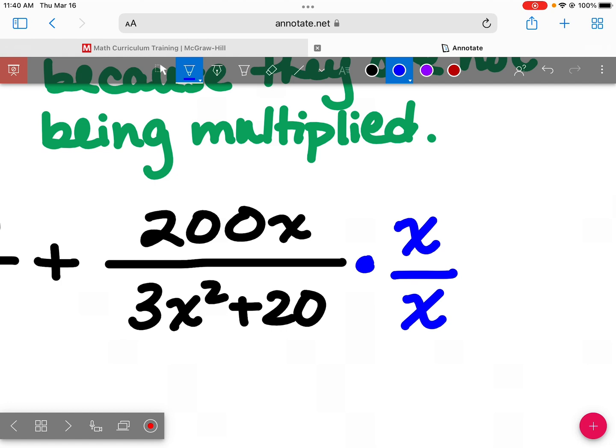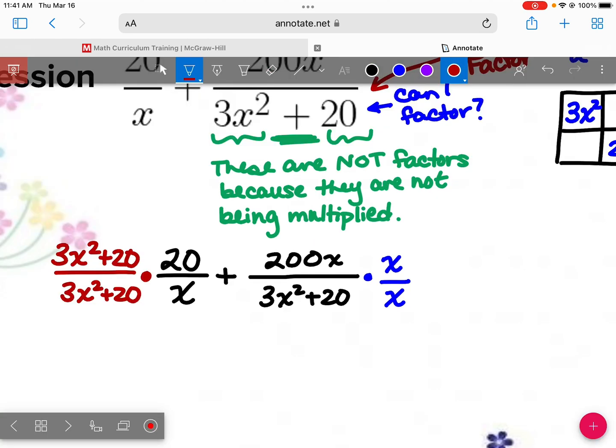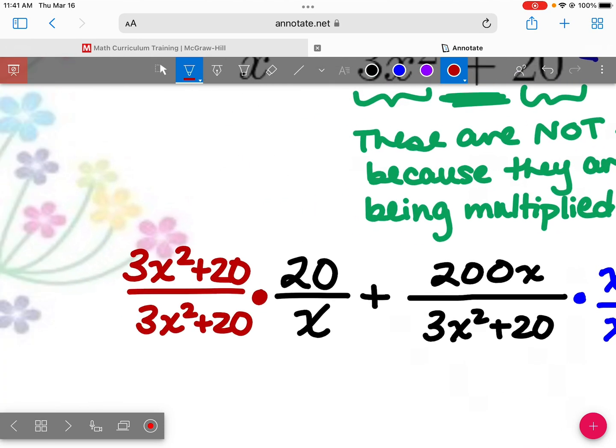Back here. How do we multiply fractions together? Straight across. In this first piece, what am I actually multiplying here on the top? I'm multiplying the 20 to what? 3x squared plus 20.